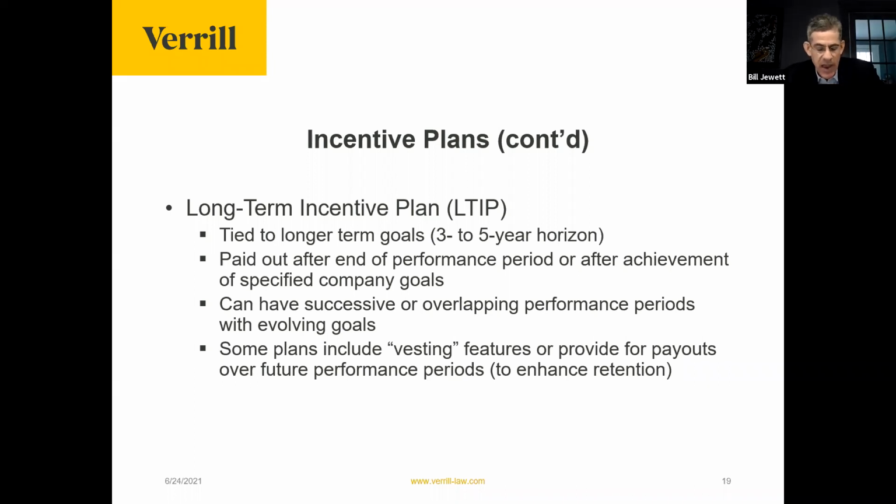So just to give you an example of this, a plan might have some percentage of the person's annual incentive plan bonus deferred and set up so that it vests over a 3-year period, 1/3 in the first year, 1/3 in the second year, 1/3 in the third year.